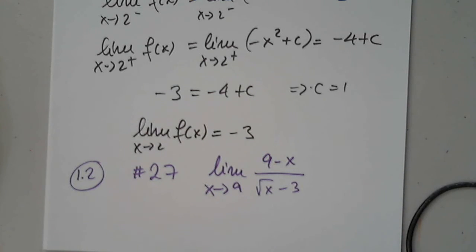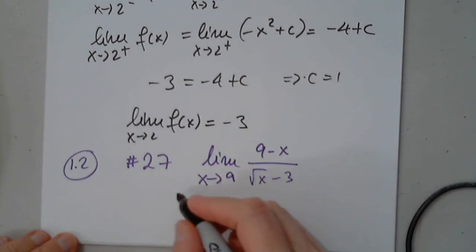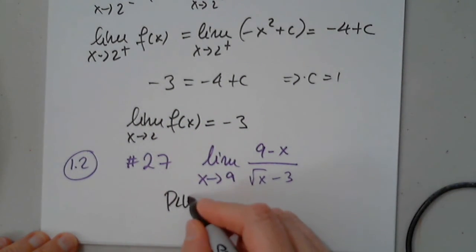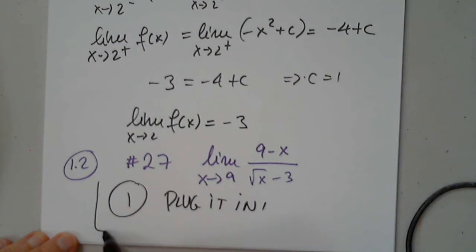What do we have to do first? Every time we're asked to find the limit, any limit from any function, what is the first step? Denominator shouldn't be 0. So the first step is always plug it in. This is the first step always.